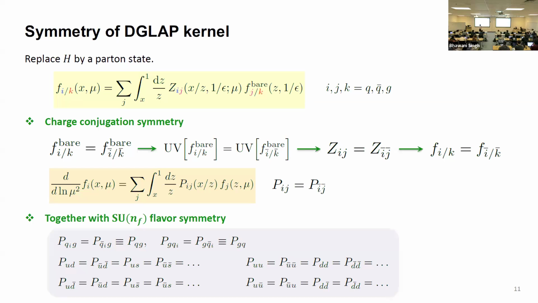And similarly, we have the splitting from quark to antiquark or antiquark to quark. These two should first be the same and should not care about the flavors you are splitting to, from strange to U bar or strange to D bar or D to U bar. They are the same by flavor symmetry, but they may not be the same as the splitting from U bar to U. And these are the basic intuitions.